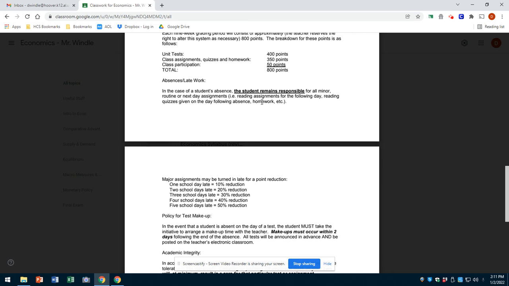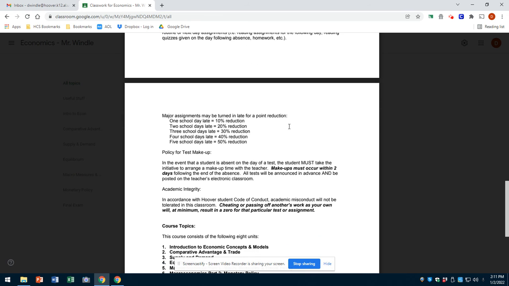If you're late, you should bring work in the following day after you come back. But again, I reserve the right to judge on a case by case basis, and I'm pretty reasonable about this kind of stuff. Major assignments: I have this penalty box. If it's a day late, it's a 10% reduction.